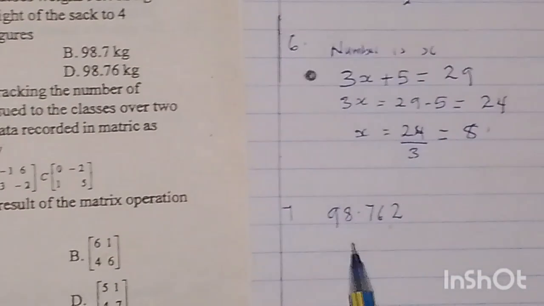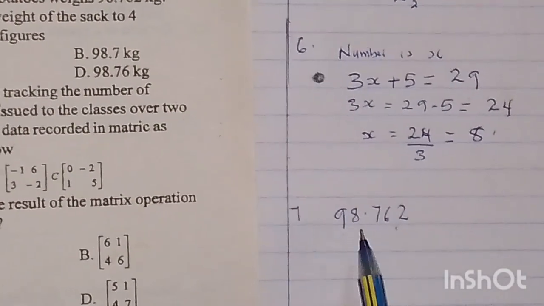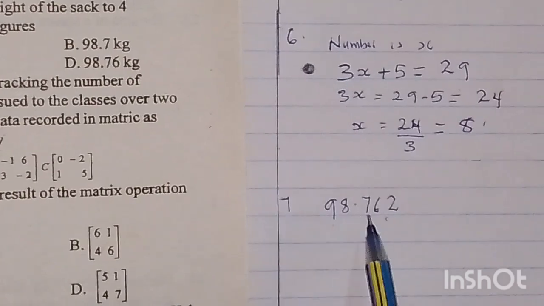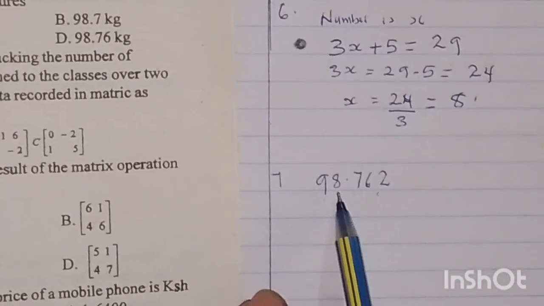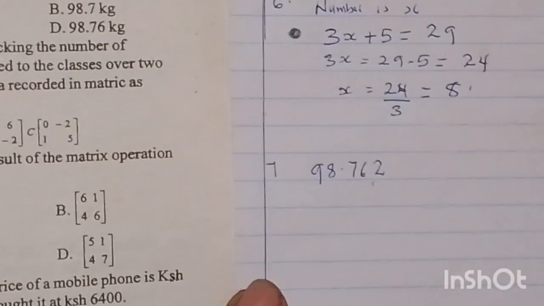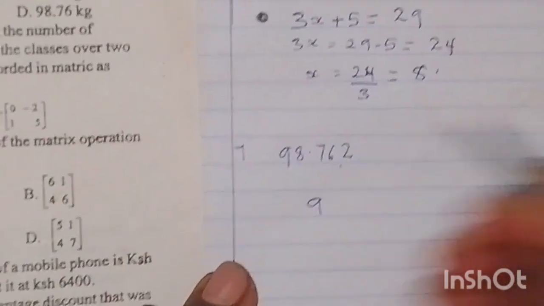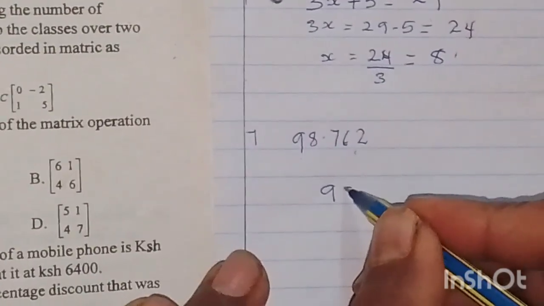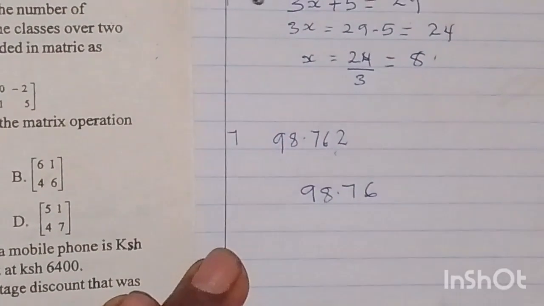In significant figures, we start from the 9, then 8, then the decimal point, 7 and 6. 4 significant figures: 1, 2, 3, 4. Therefore, the correct answer, we forget about the 2 because it's not significant. It's 98.76.